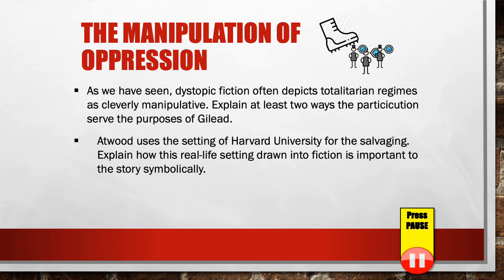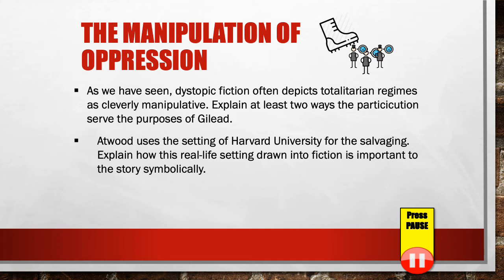Of course, in order to do that, there are some horrific crimes against humanity. You could interpret the word salvaging, saving, as saving society from the threat posed by offenders, rebels, by executing them, hanging them.